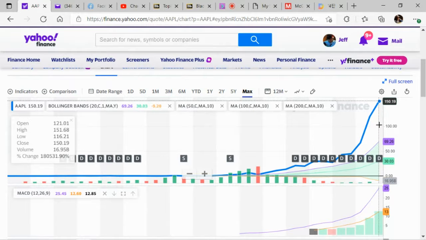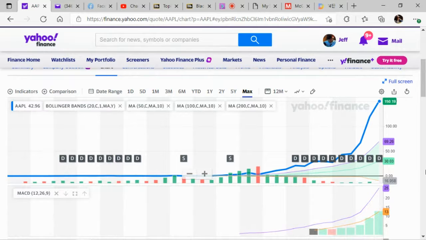But after a split, they have to adjust the price. Otherwise the data will look like there was a big shift. Think about it.